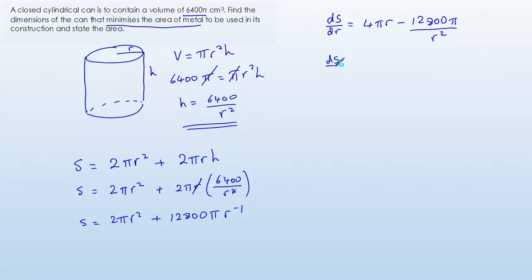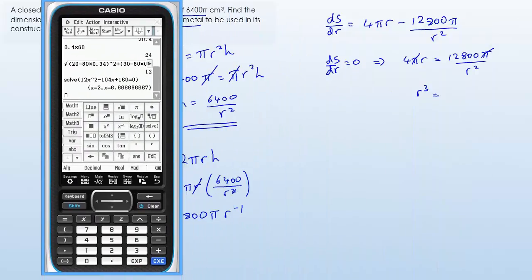And we want ds dr equal to 0. So that means that 4 pi r would be equal to 12,800 pi over r squared. Pi's cancel. And so r cubed would be equal to 12,800 divided by 4.